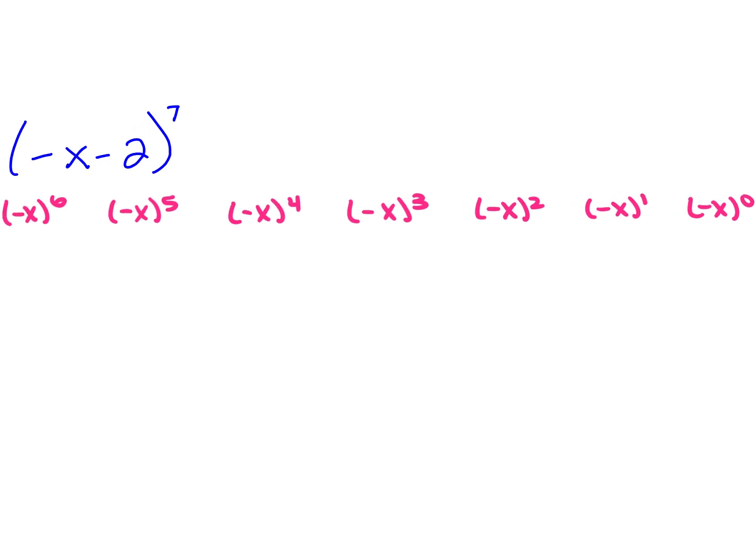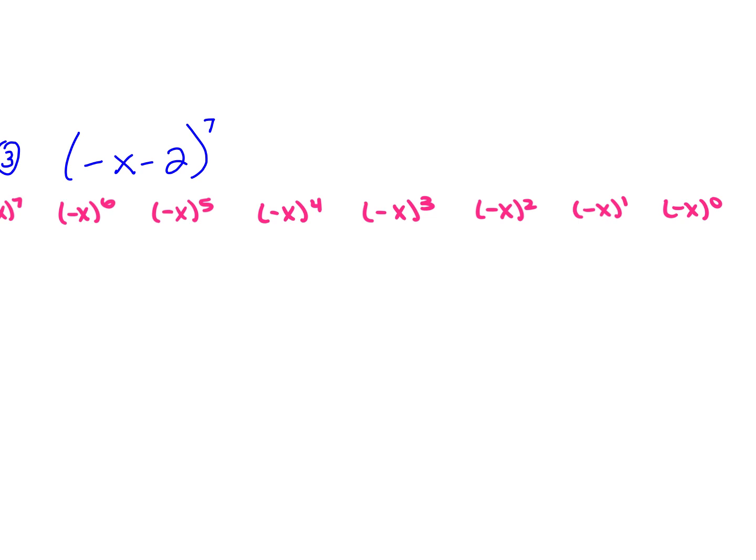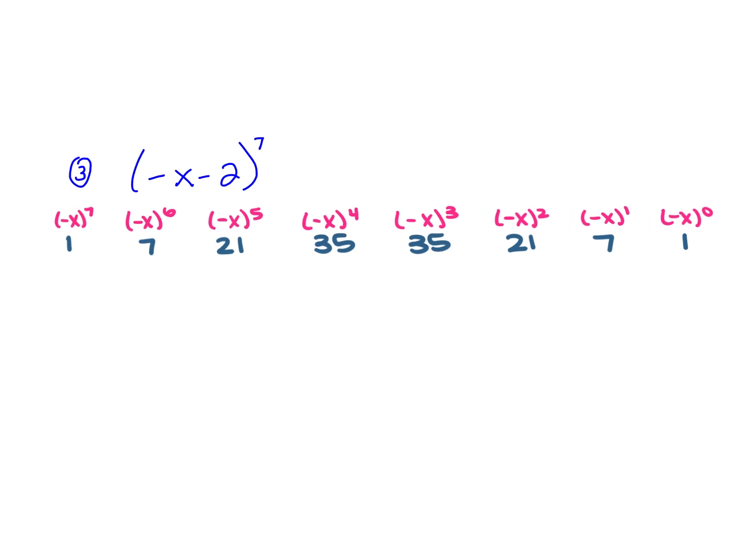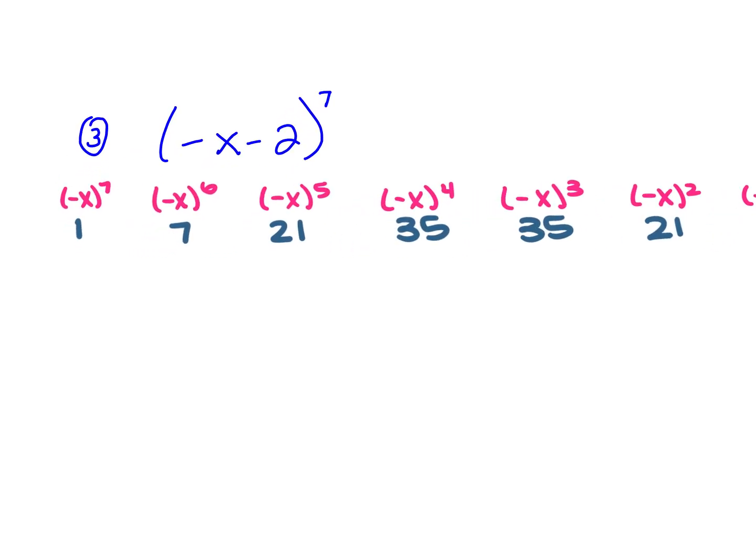From here, we're going to work with the numbers in Pascal's triangle. So we have 1, 7, 21, 35, 35, 21, 7, and 1. Next, we work with the second term in the binomial, which is negative 2.